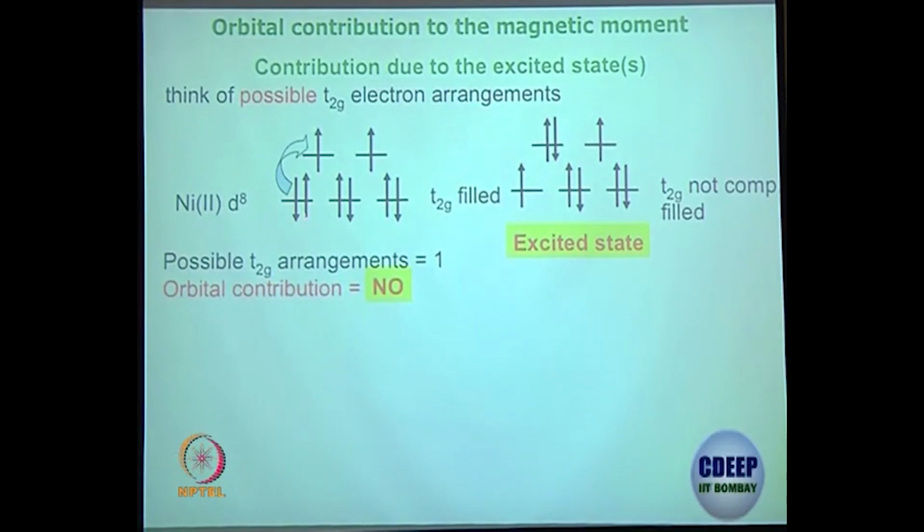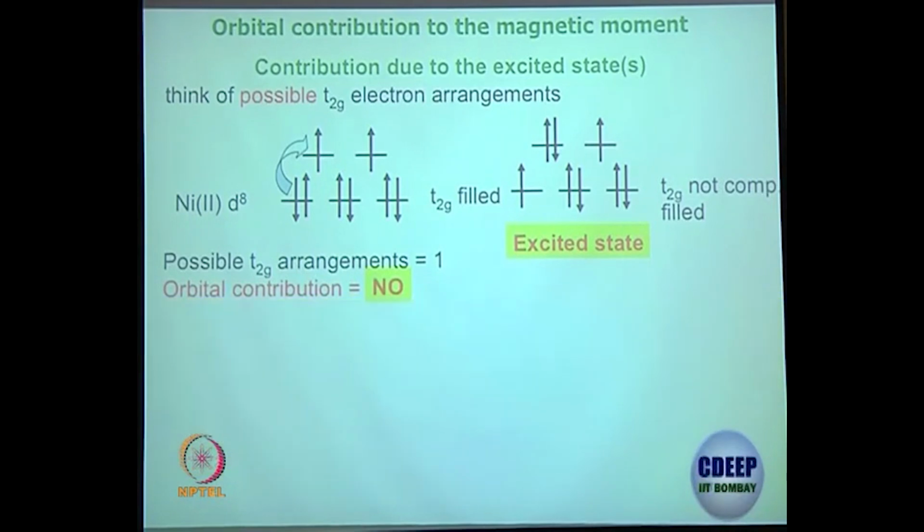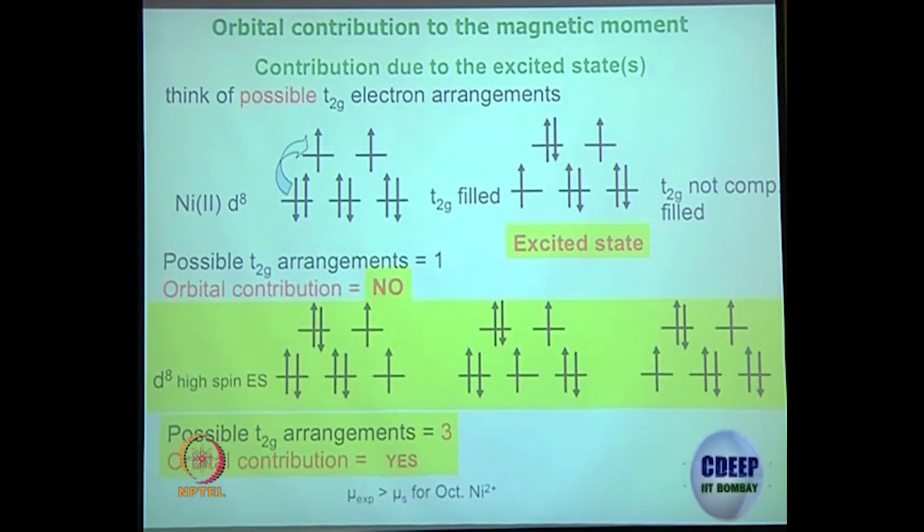So not from the ground state, but if you go to the excited state you can have three different configurations, which is the origin of orbital angular momentum. No need to have this point, just this is good enough. In the ground state there is no orbital angular momentum, in the excited state it should be there. How is it coming? I think you have already learned, because the relative positioning of the electron can vary.